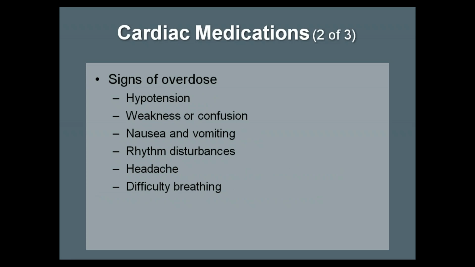Signs of overdose, depending on which one, typically result in the same types of symptoms: hypotension, weakness, rhythm disturbances. If you overdose on beta blockers, they're going to be bradycardic and hypotensive. Nausea, vomiting, headache, difficulty breathing.